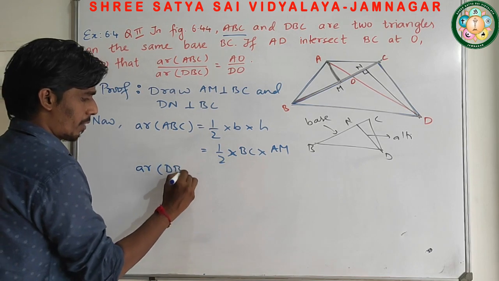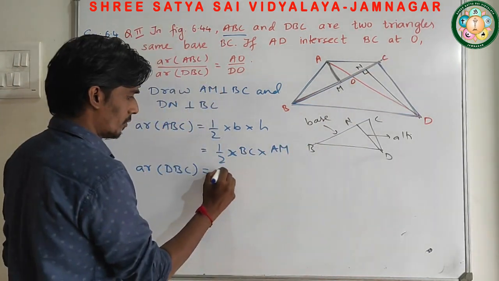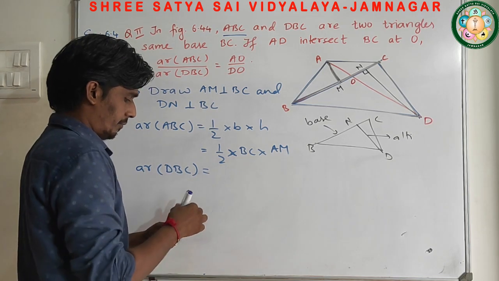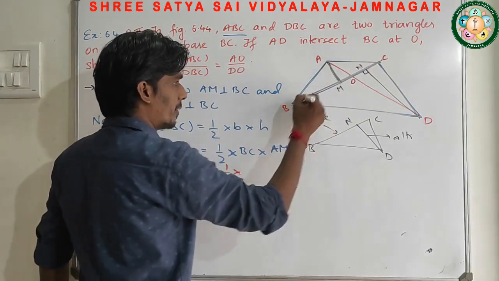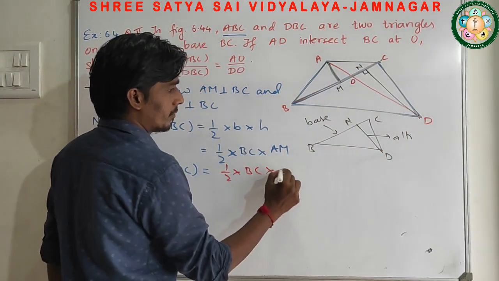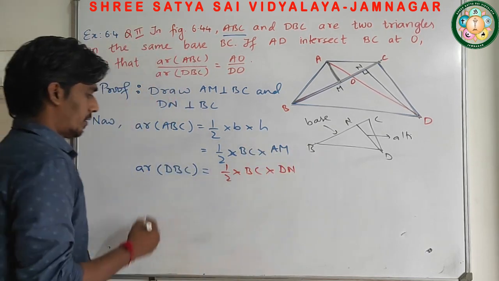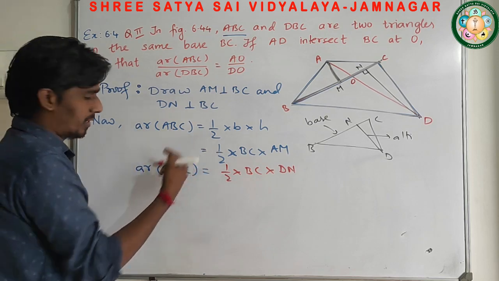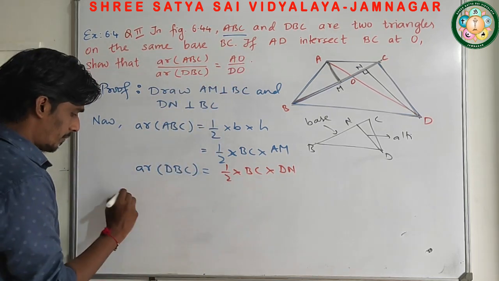Now one more triangle. Area of DBC. For this DBC, it's half, base will remain the same, that is BC. Height is DN. Take the ratio of area of ABC upon DBC because we want the ratio of this only.